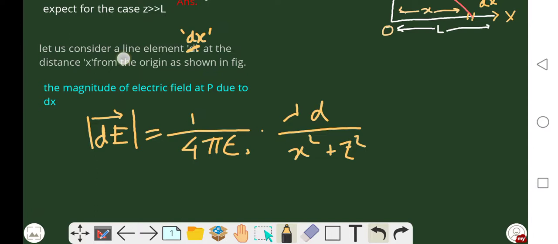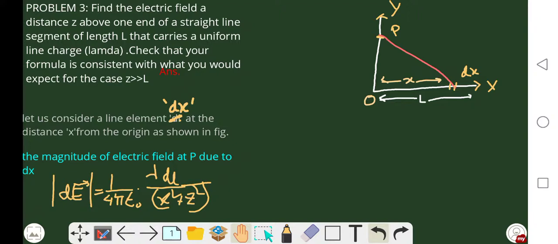So let's understand what I wrote. dE is the electric field at P with respect to dx. For now we will calculate the electric field for the whole segment, but now we calculate it for dx. So the electric field must be dE. We take the magnitude, so it is 1 by 4 pi epsilon naught into lambda dx divided by x square plus z square.